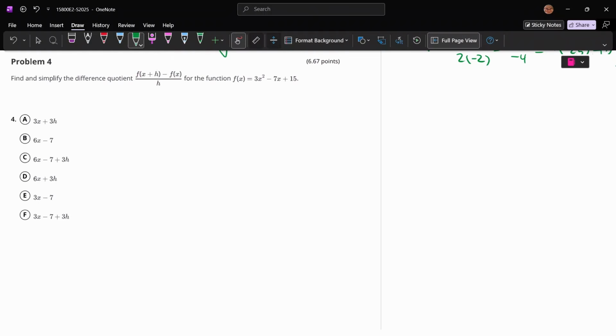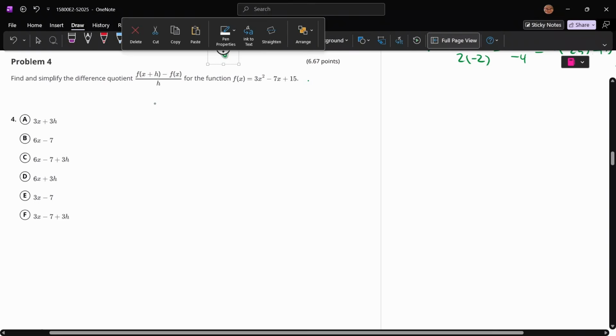It's mostly that there's a lot of room for making silly mistakes, and it can screw you over. So first, let's write out what we have. We want to find f of x plus h minus f of x over h, and we have our function here. First, let's find what f of x plus h actually is.